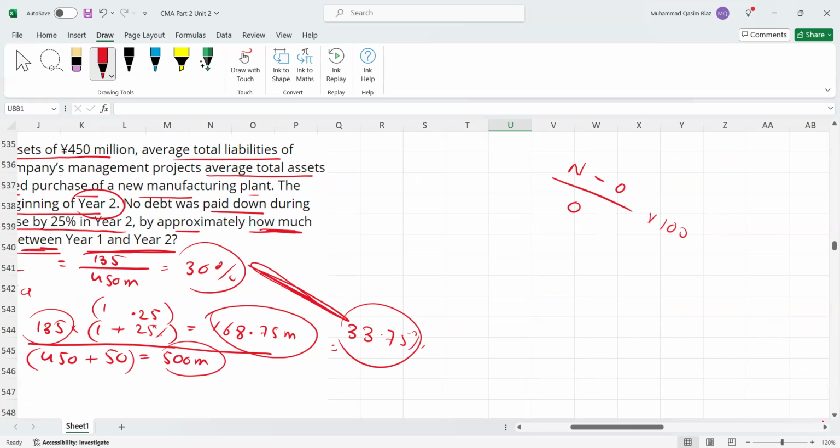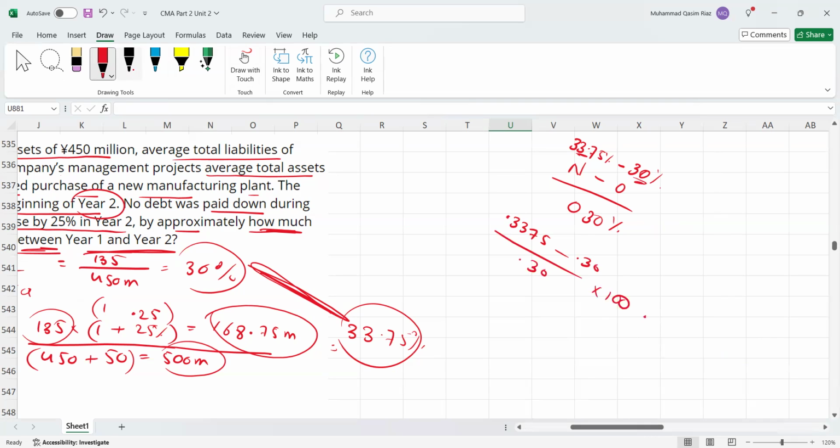Okay, so the new percentage is 33.75% minus the old percentage, 30%, divided by the old percentage, which is 30%. I'm using full values, but if I remove the percentage, this will become 0.3375 minus 0.30, divided by 0.30.